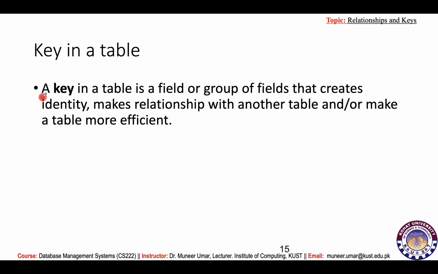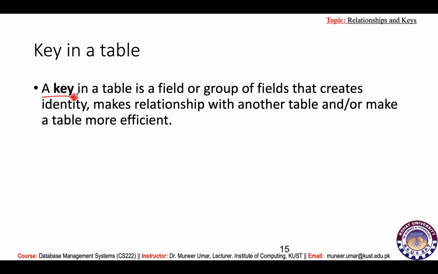Actually, we use a key for identification of records, for unique identification of a record. A key is a column or an attribute of an entity type. There might be some columns which may have unique values for all the rows in the table.